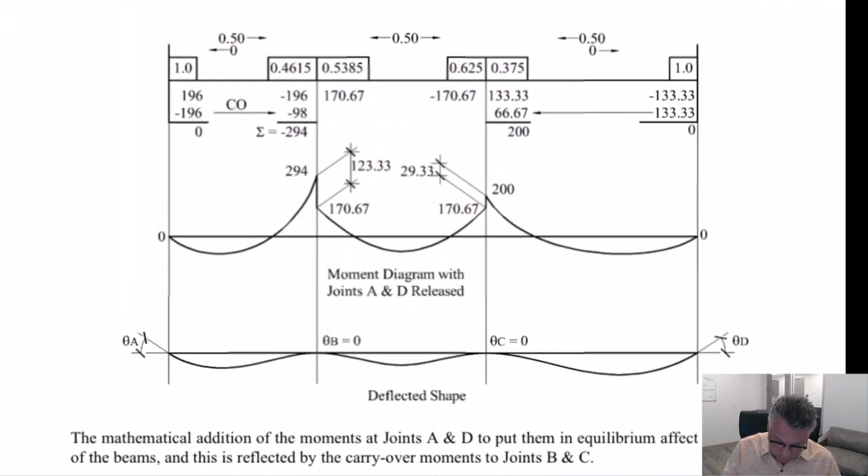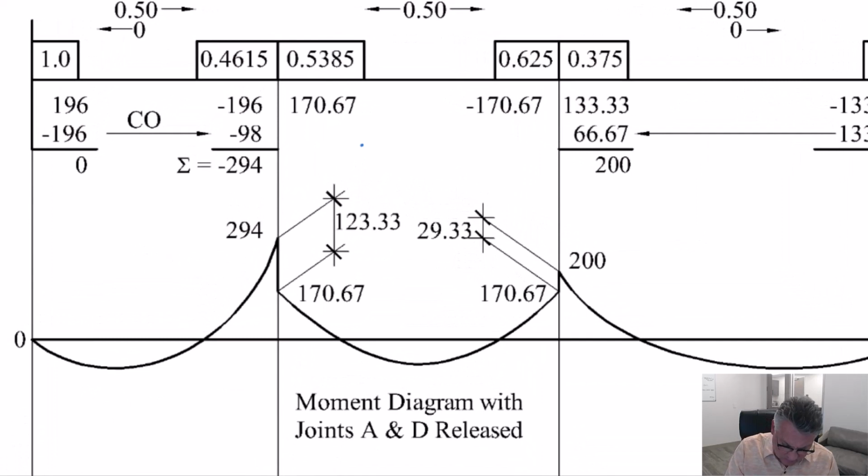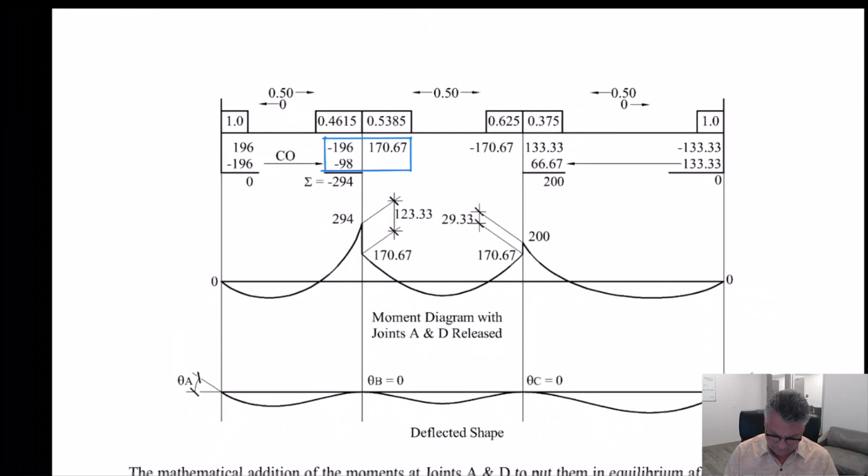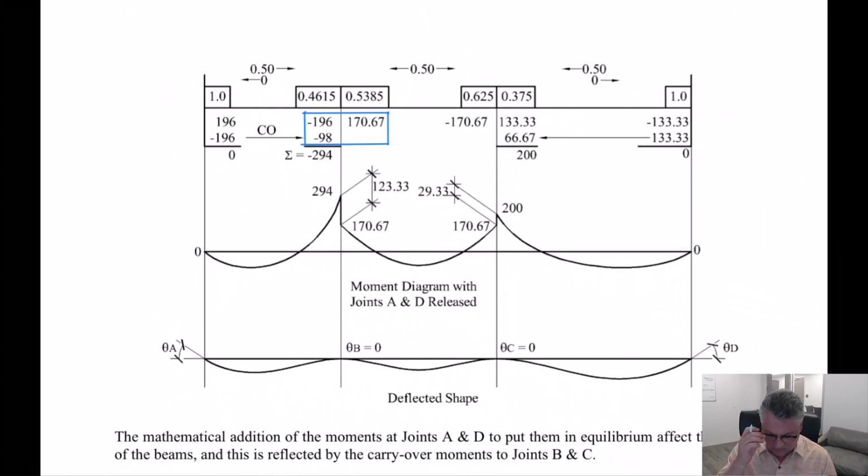So notice that we're out of balance by 123.33 foot kips. The way to do that, and if you haven't done this or you're refreshing, get your calculators out, add up these numbers. These numbers should equal negative 123.33.